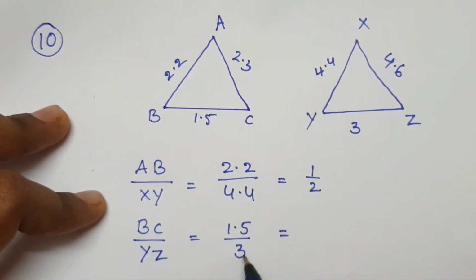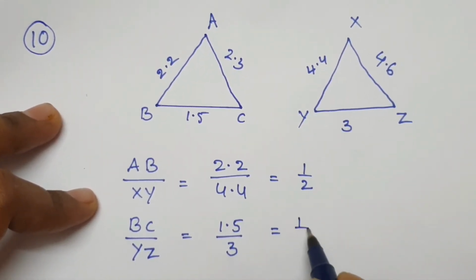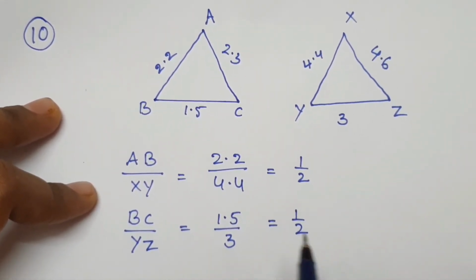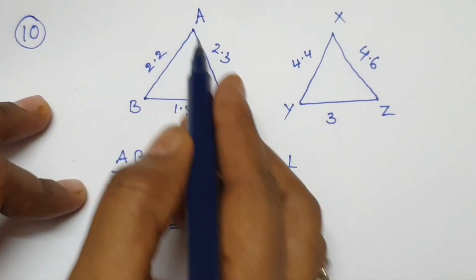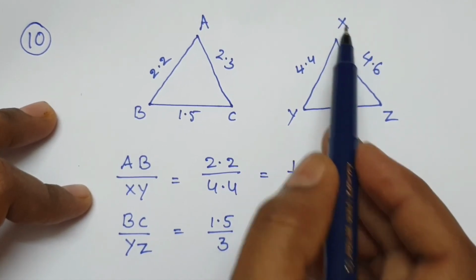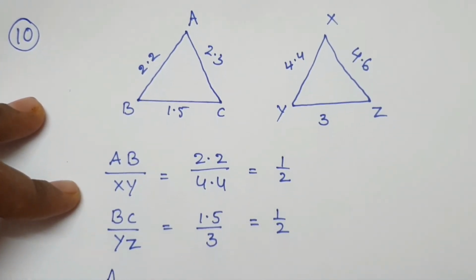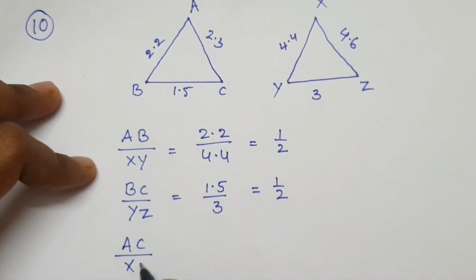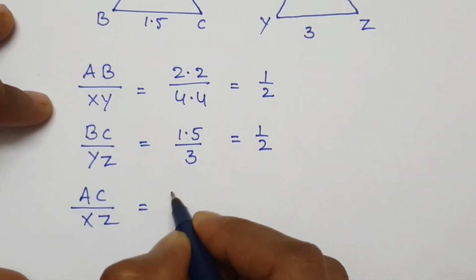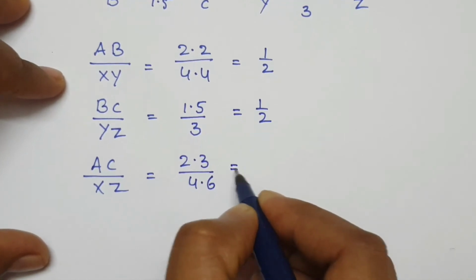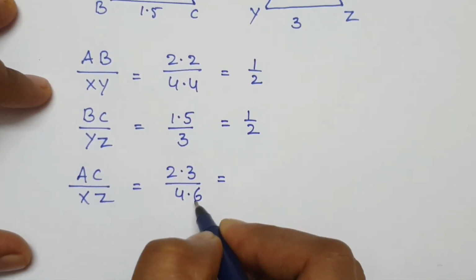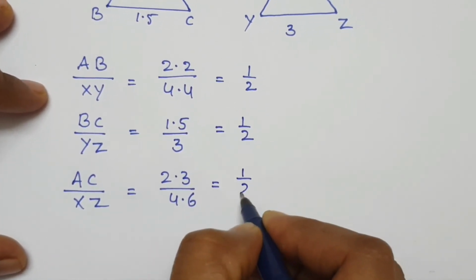Here cancellation, final answer 1 by 2. Next another one, AC is to XZ. AC by XZ. AC means 2.3 by 4.6. 2.3 by 4.6 means 1 by 2.